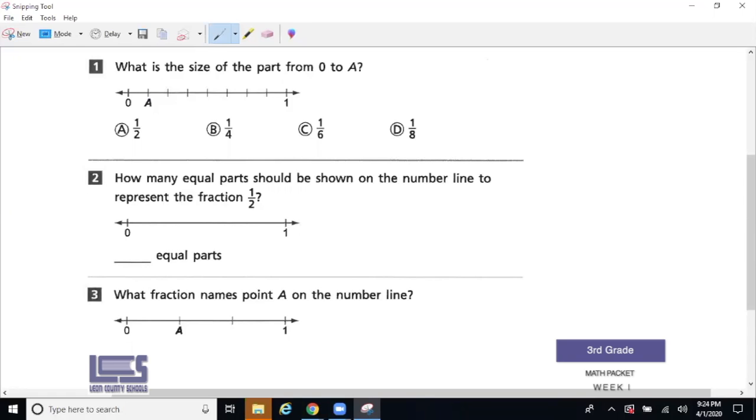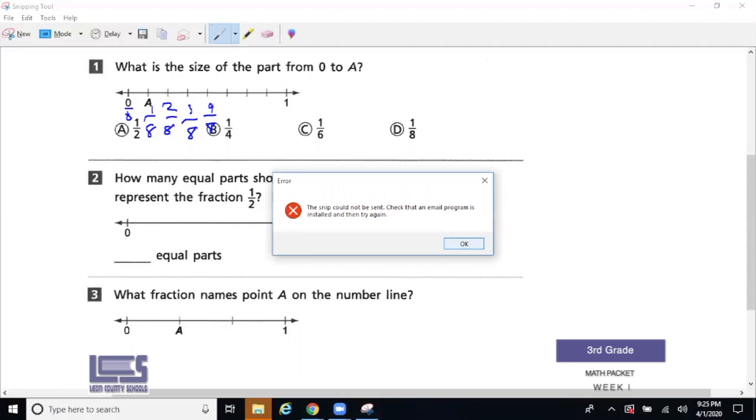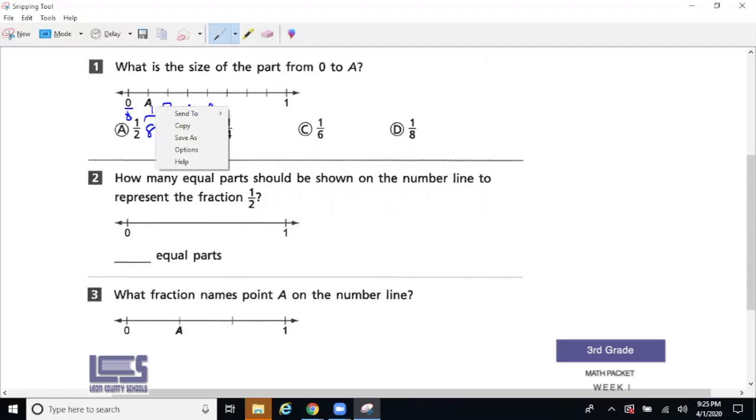So we know we start here with 0/8, followed by 1/8, 2/8, 3/8, 4/8, 5/8, 6/8, 7/8, and 8/8.